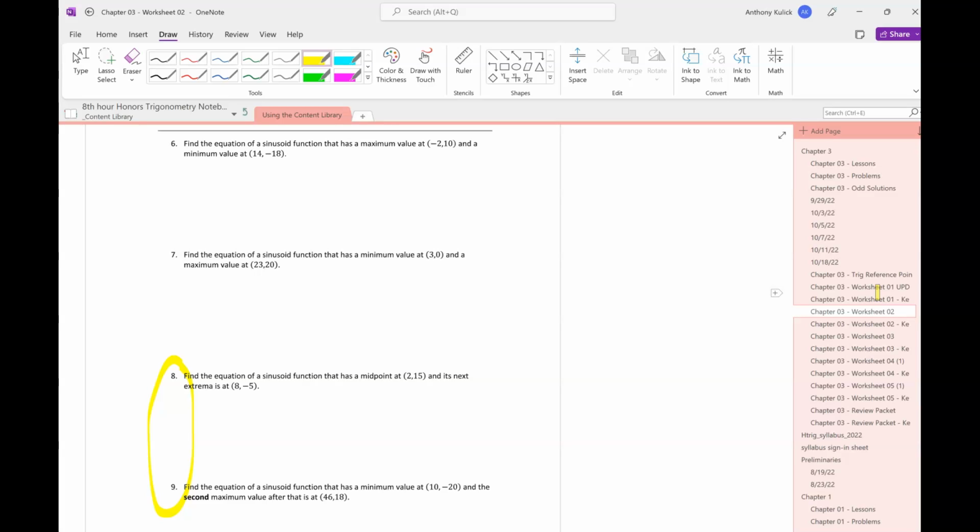So if you're reviewing, make sure you feel good about 8 and 9, where drawing the picture becomes really important to getting the correct period.